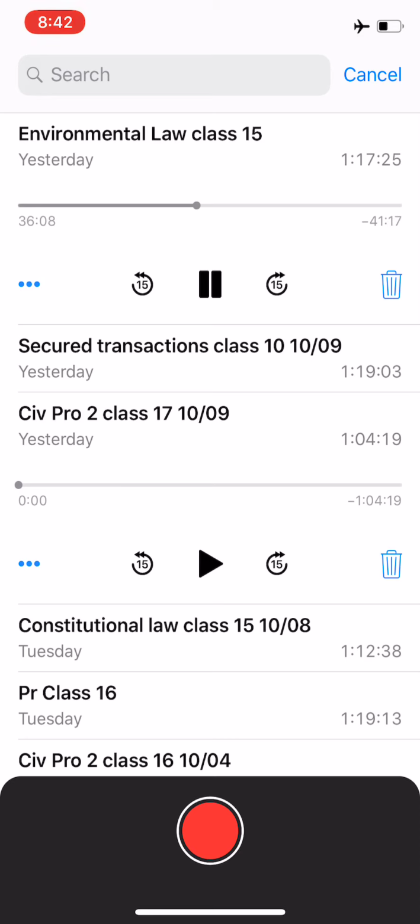The definition of point source is any discernible, confined, and discrete conveyance from which pollutants are or may be discharged. That includes pipe, ditch, channel, tunnel, conduit, well, discrete fissure, container, rolling stock, concentrated animal feeding operation. I mentioned that the other day, so CAFOs are considered a point source.